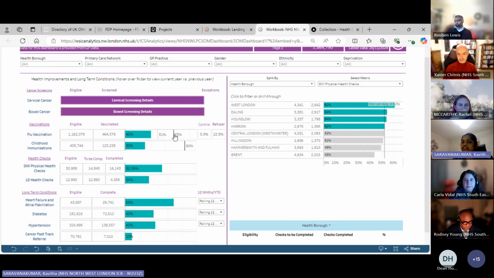So this gets updated on a weekly basis, so they can keep tracking the progress that's made. They know what they need to do to get to their target. That's really the intention of this dashboard.